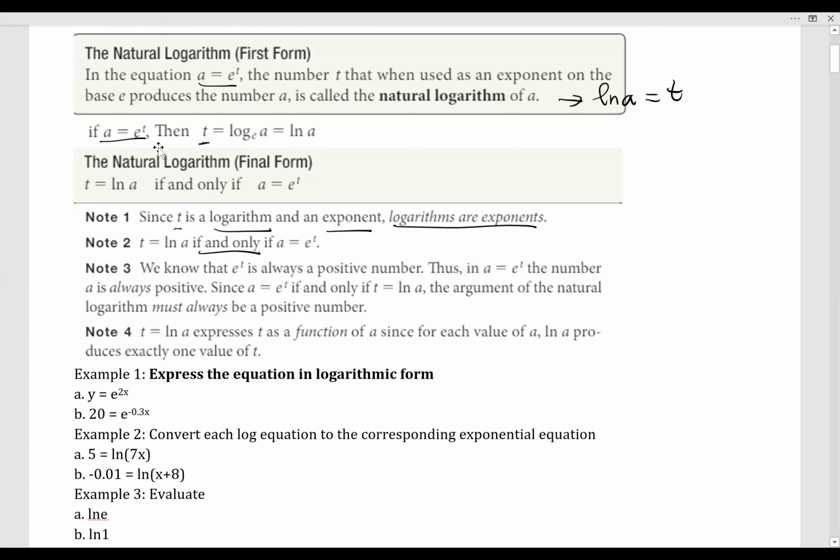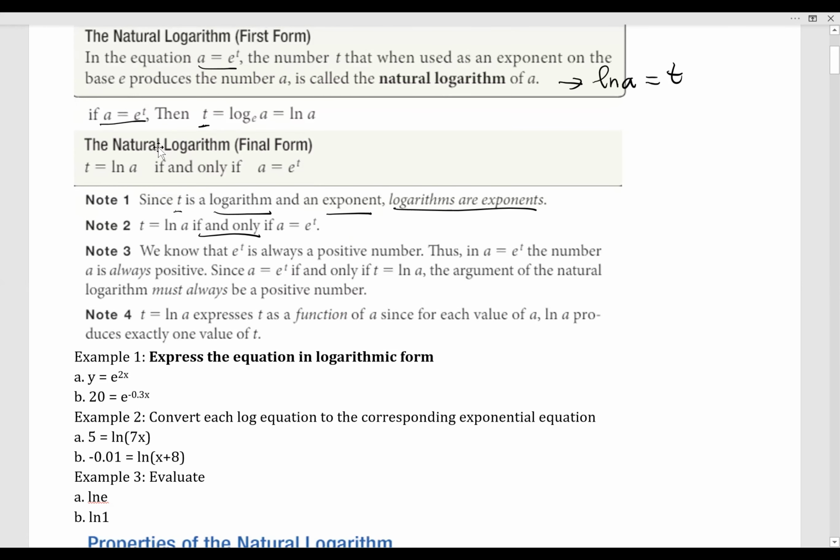And note number 3: we see that e to the t is always a positive number. So a equals e to the t means a is always positive. Can it be equal to 0? No, it cannot, because e to the t will never become 0.